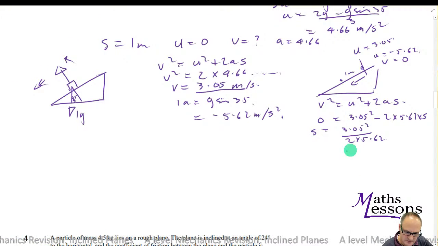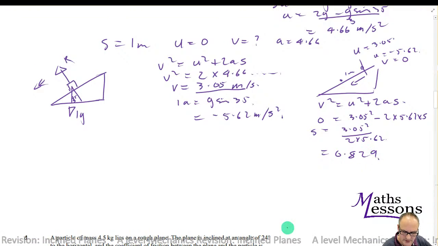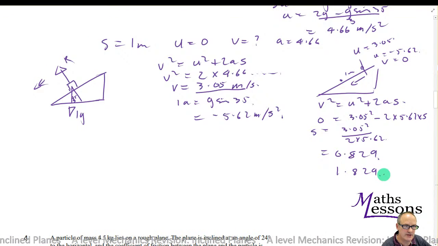That comes out to be equal to 1.829. So that's how far it's going to go up the plane. The distance it's travelled up the slope is 1.829, and therefore the total distance travelled will be twice that.